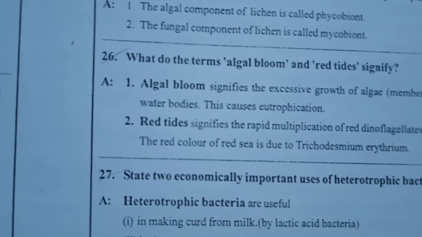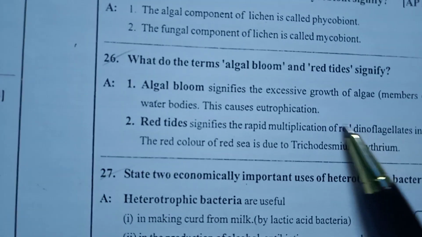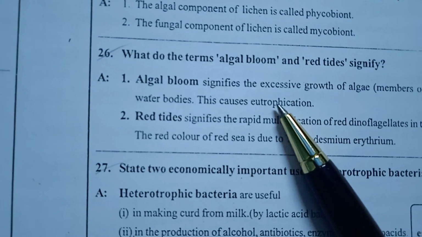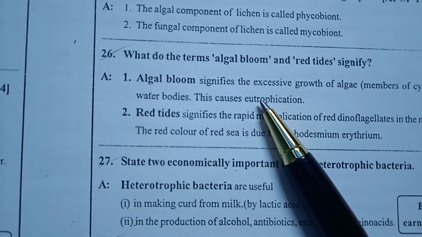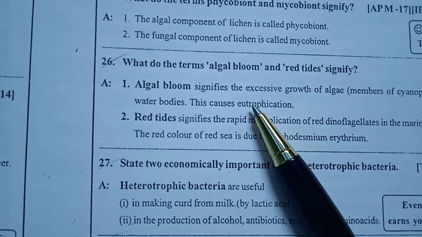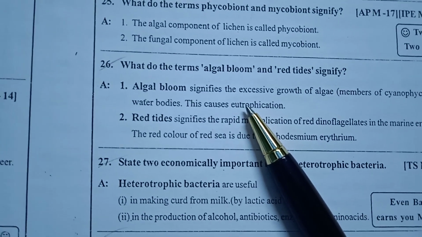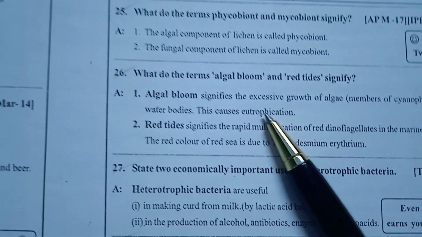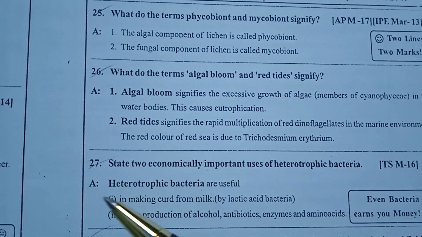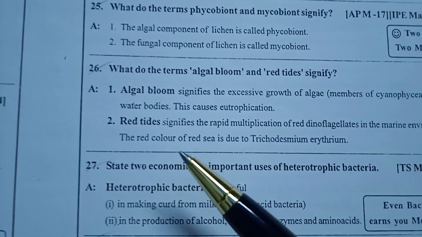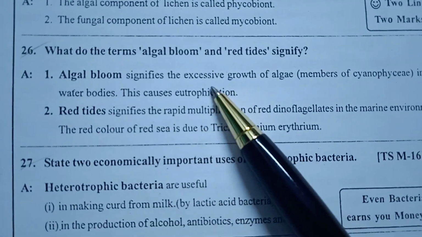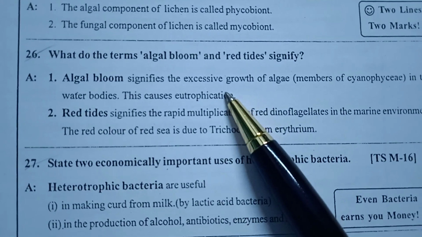These nutrients cause an increase in phytoplankton. Algae feed on the nutrients, grow and spread, and then the water turns green. So we can understand that eutrophication is caused.